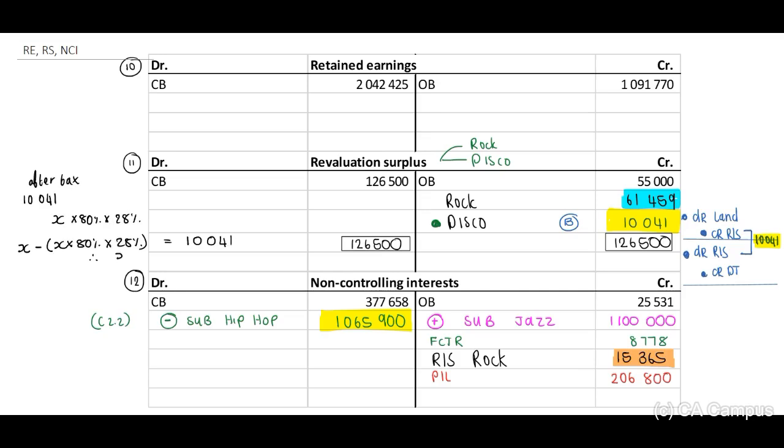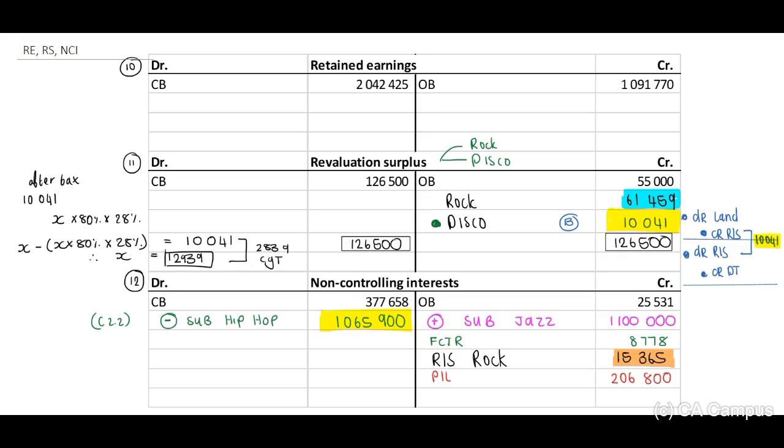Therefore, we are able to calculate x, and x will represent an amount of 12,939. This is our before-tax amount. And the difference, which will be an amount of 2,839, will be our CGT.